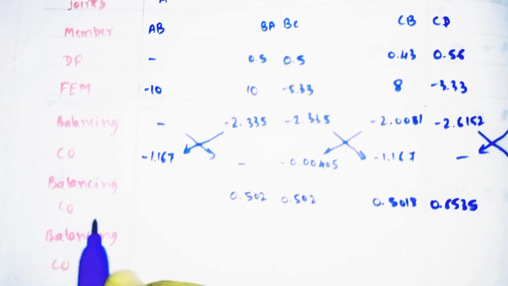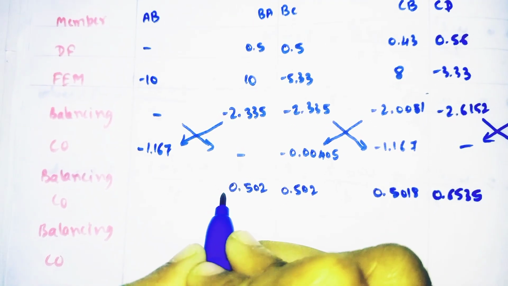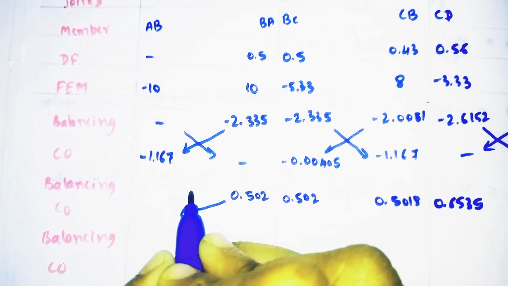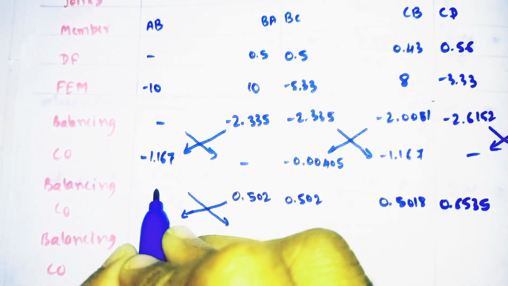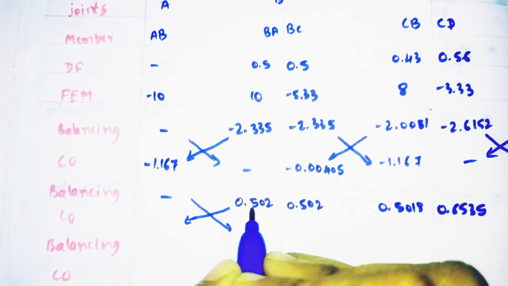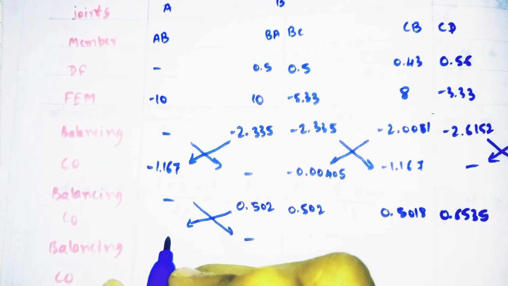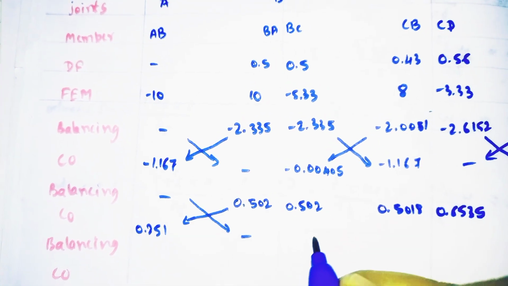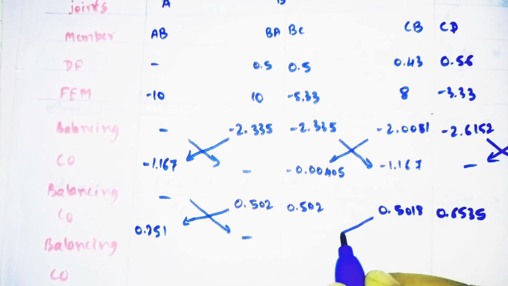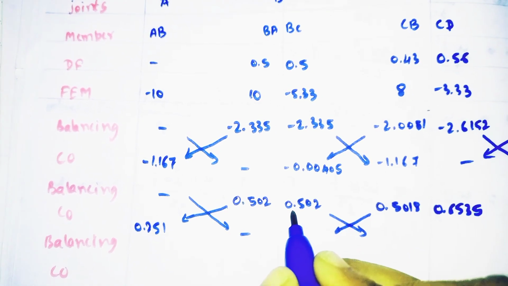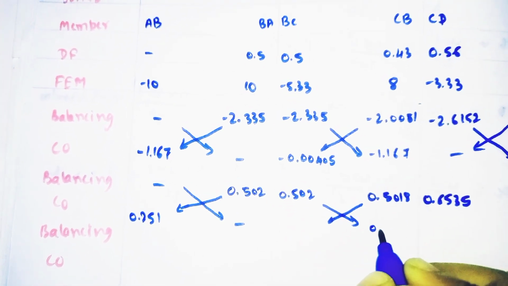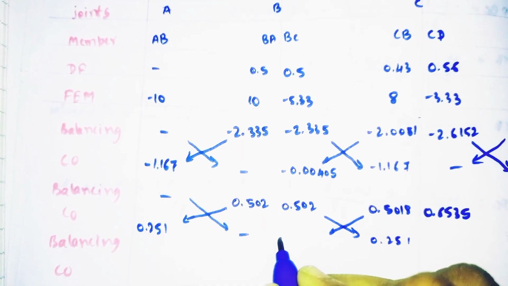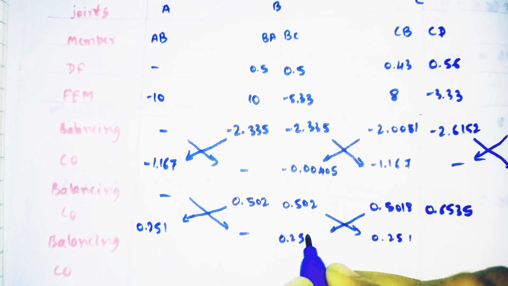Again in carry over, we need to take half of this and send it to the opposite side. Here in balancing we don't have a value, so if you do half, it will come out as 0.251. Here also the same, if you do half of 0.52, it will come out as 0.251, and if you do half, it will come out as 0.2509.